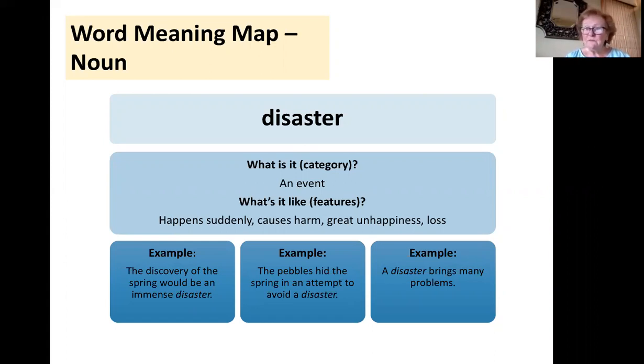For nouns, I want to provide the category the word falls in, and then I want to talk about the features of the word, right? So this is a word meaning map. These are even maps that we can use with our students eventually for them representing meaning of word. So what is it? Disaster, it's an event. What are its features? It happens suddenly, it causes harm, great unhappiness, and loss.